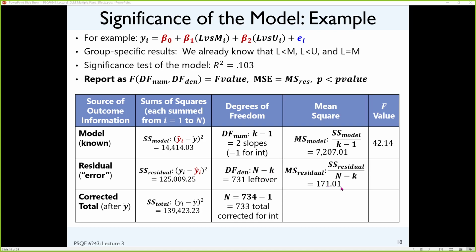So that's the variability across people of the E residuals. The squared average offness from our model. And the ratio of mean square model to mean square residual is F, which is the 42.